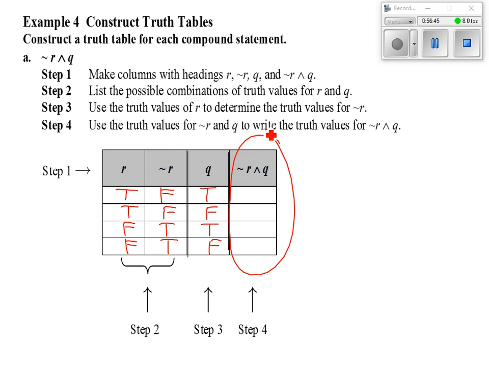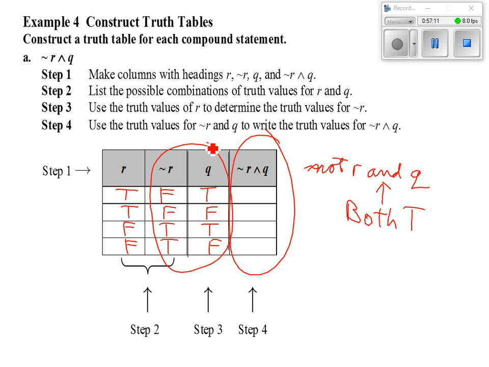Anybody read that statement to me? Not R, and Q. What does that word "and" tell us? To be true, both must be true. So both true for the whole thing to be true. I'm looking right here. We've got not R, and we've got Q. Not R is false, Q is true.